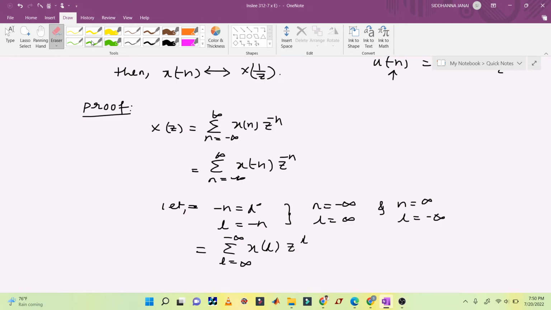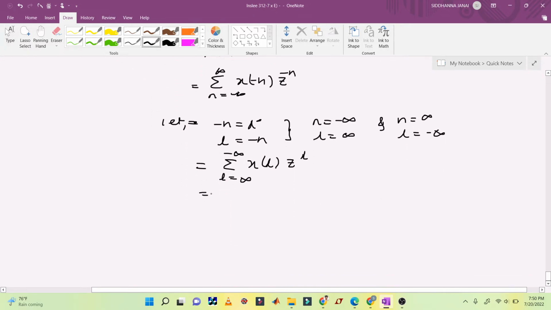Okay, now in the next step we can rewrite this equation. This is L is equal to minus infinity to plus infinity. If we interchange the limits, nothing changes. Okay, now let me write this as z power minus 1, power minus L. Correct? This is a possibility, right? So we can write like that.